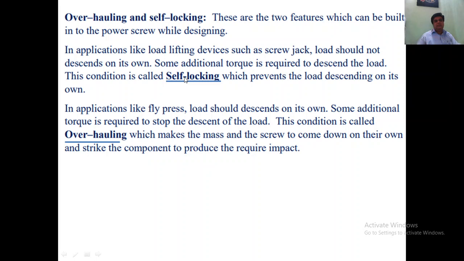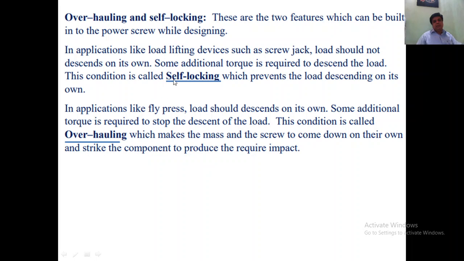That condition is called self-locking. Whereas in some cases, for example in a fly press, we just rotate the power screw, and we want the load to descend by itself without any external force or torque required. That is called overhauling.